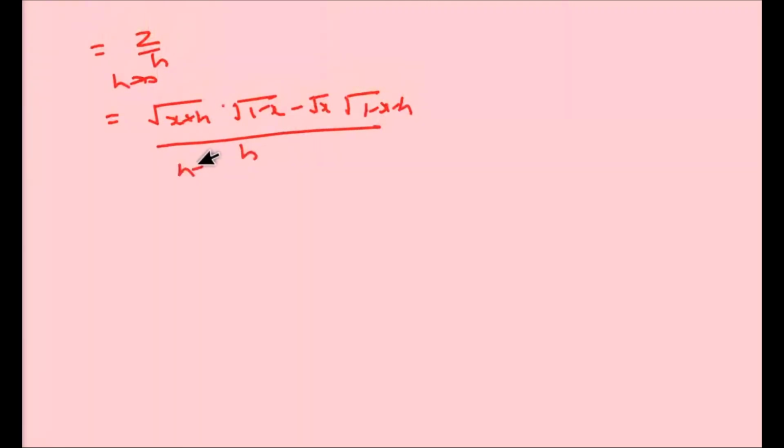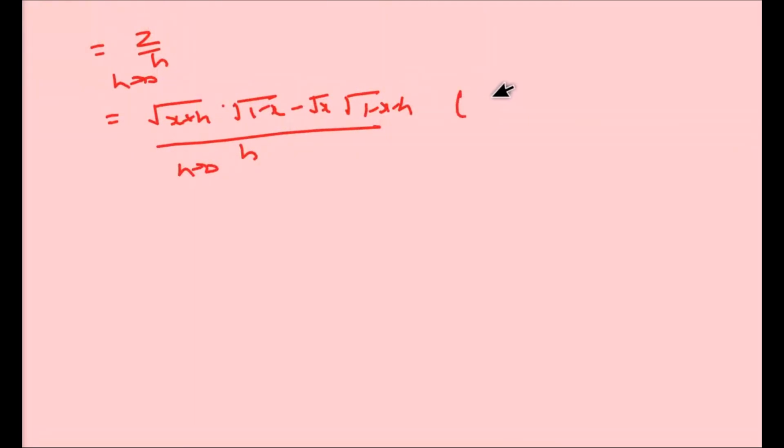The value of z is root (x plus h) root (1 minus x) minus root x root (1 minus x minus h), upon h, h tends towards 0.